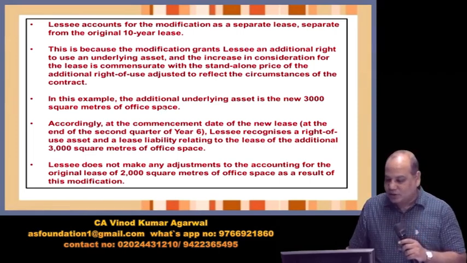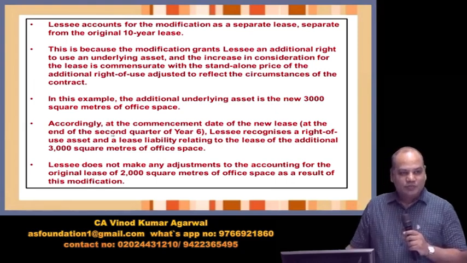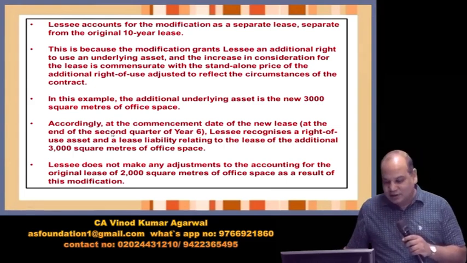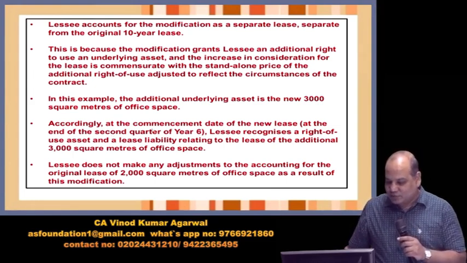In this example, the additional underlying asset is the new 3000 square meter of the office space. So first condition is satisfied, increase in the scope of lease, and second condition, the consideration should be market price, stand-alone price. That condition is also satisfied.